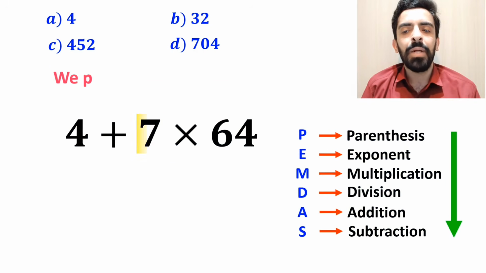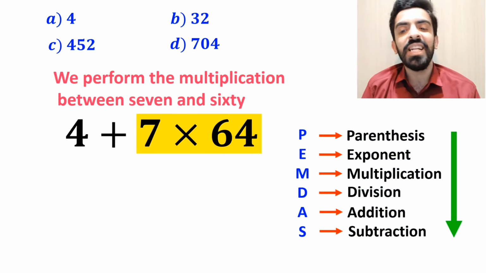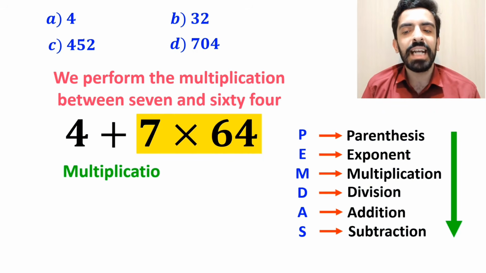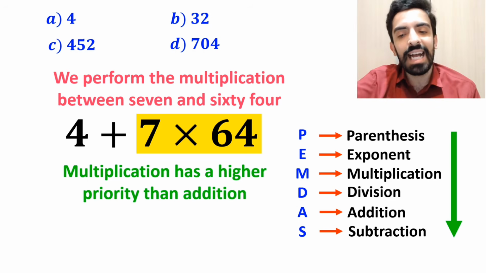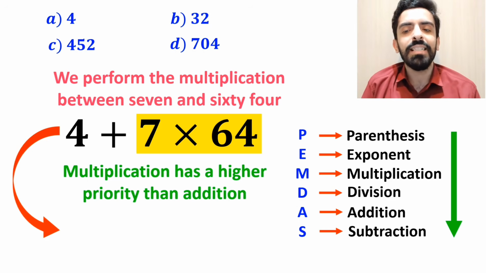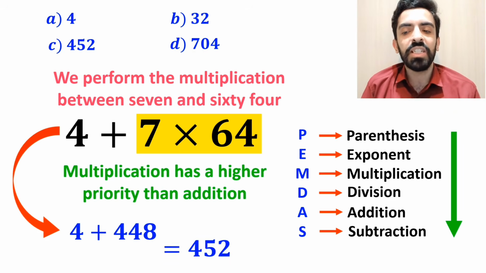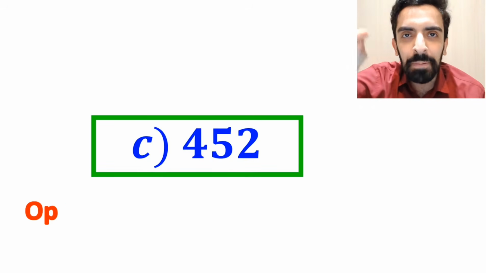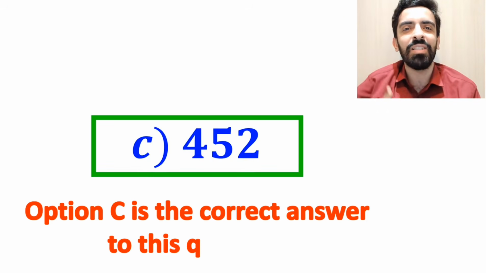In the final step, we perform the multiplication between 7 and 64 because multiplication has a higher priority than addition. And this expression becomes 4 plus 448, which finally gives us the answer 452. That's great. Option C is the correct answer to this question.